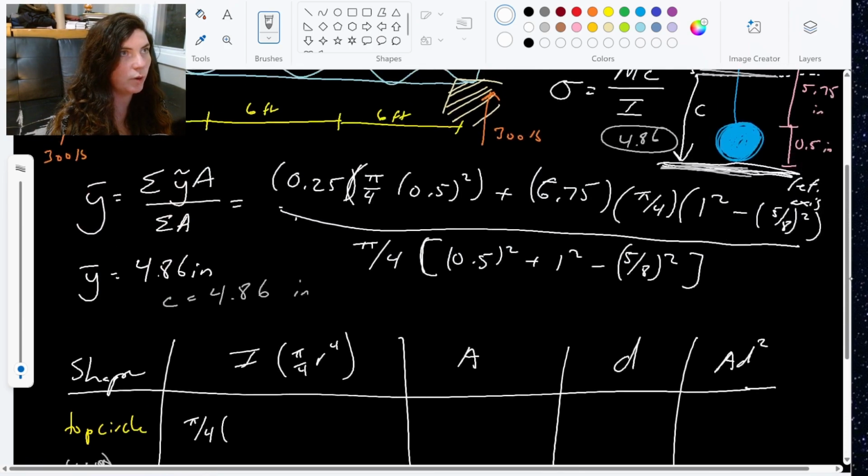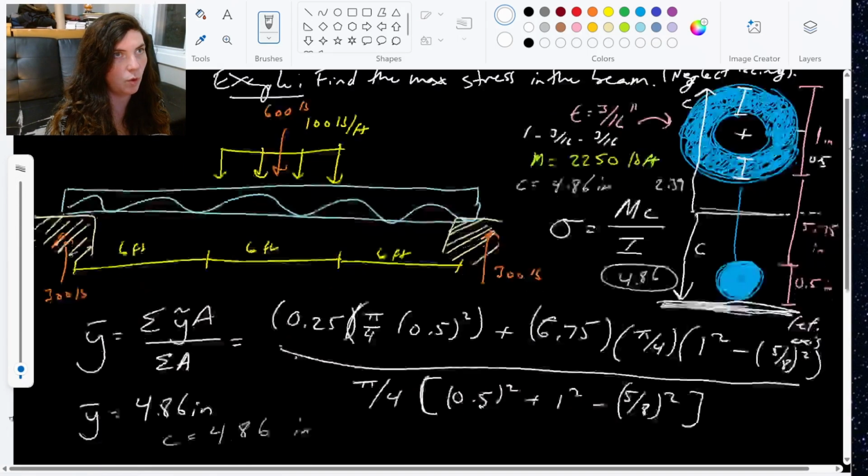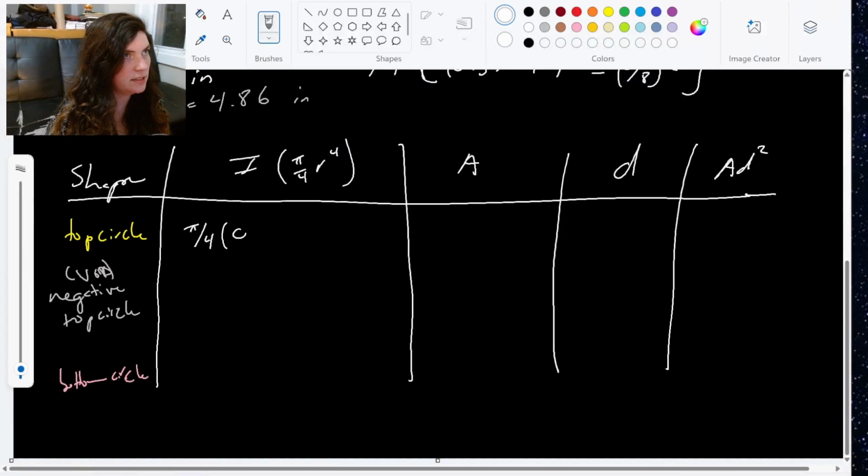And remember, this is radius to the 4th. The diameter is 1 inch, meaning our radius, 0.5 to the 4th. Punch that in my calculator, I get 0.049. And then I just go down the line and repeat, rinse and repeat.